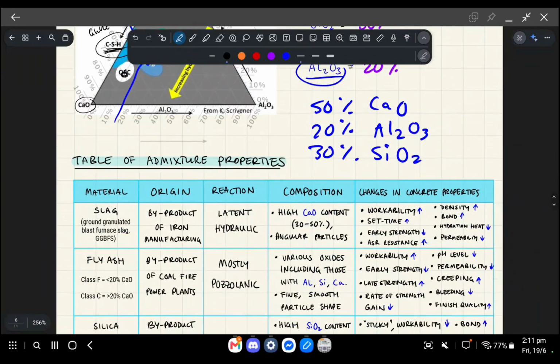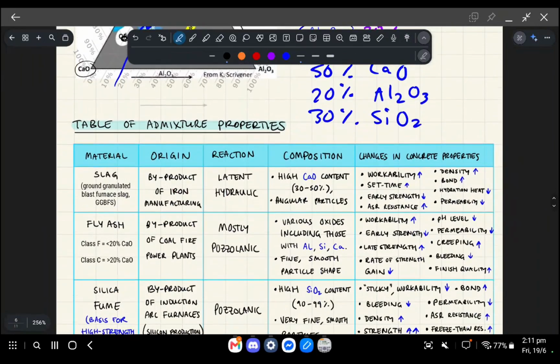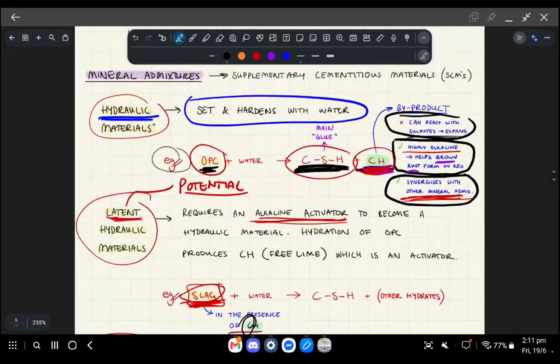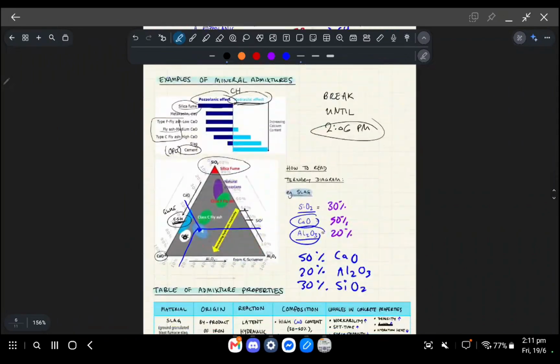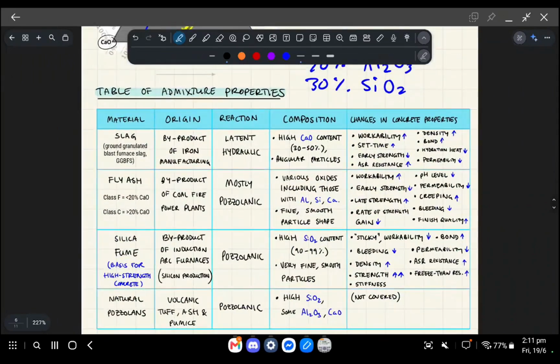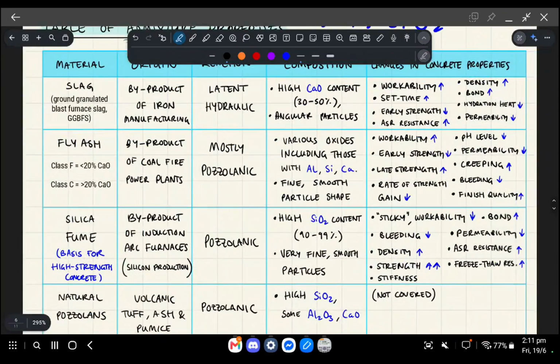You need OPC in any cement mix, because the OPC reaction creates CH, and CH is used by the other types of reactions. It's called an admixture because it's just little bits of these other minerals that you sprinkle in.